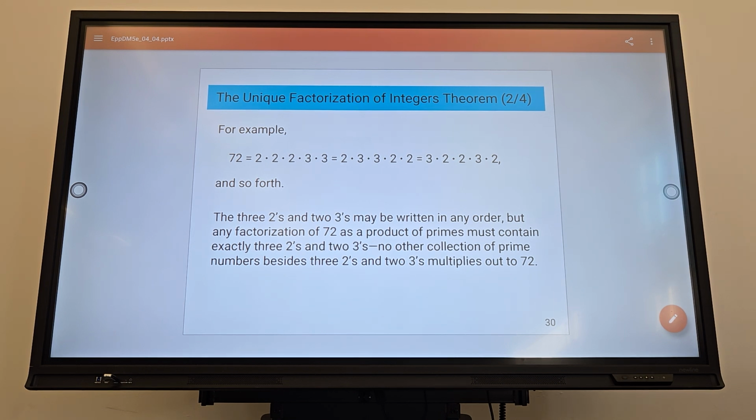You can change the order, and as long as the number of 2's and the number of 3's is consistent, it will always equal 72. No other collection of prime numbers besides three 2's and two 3's multiplies out to 72.